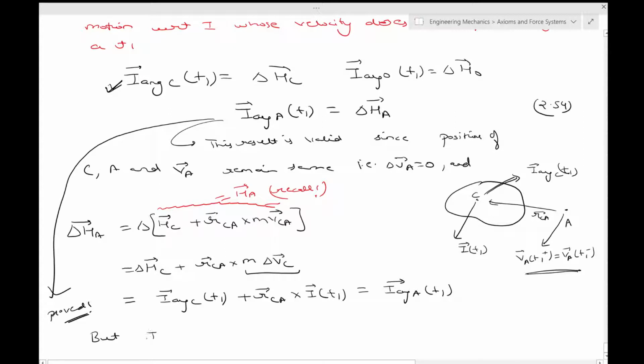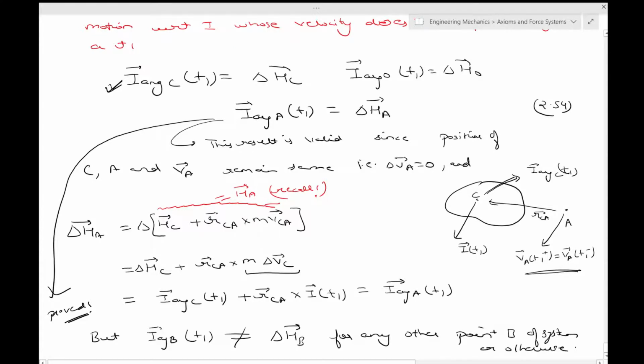Now the change in angular momentum about B for T1 is not equal to delta HB for any other point of the system or otherwise.